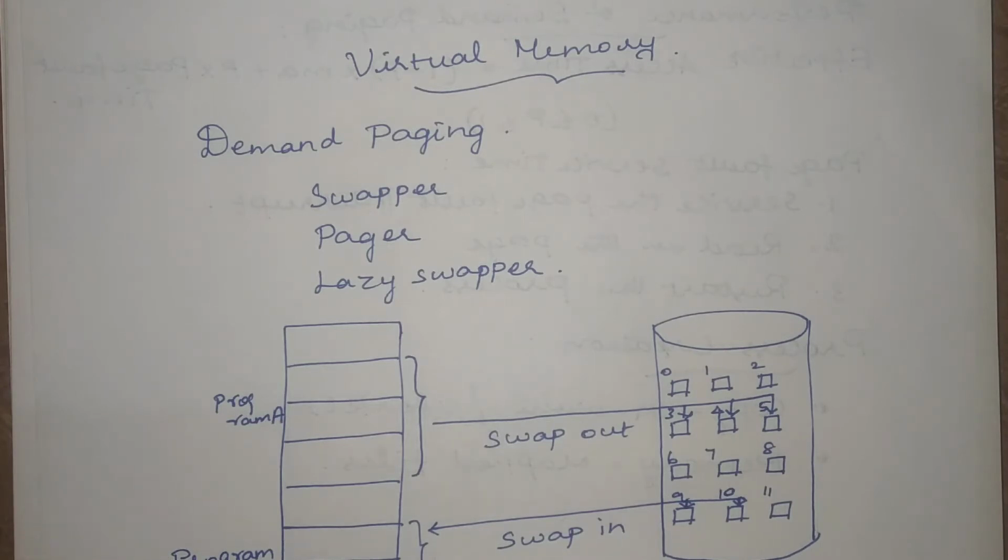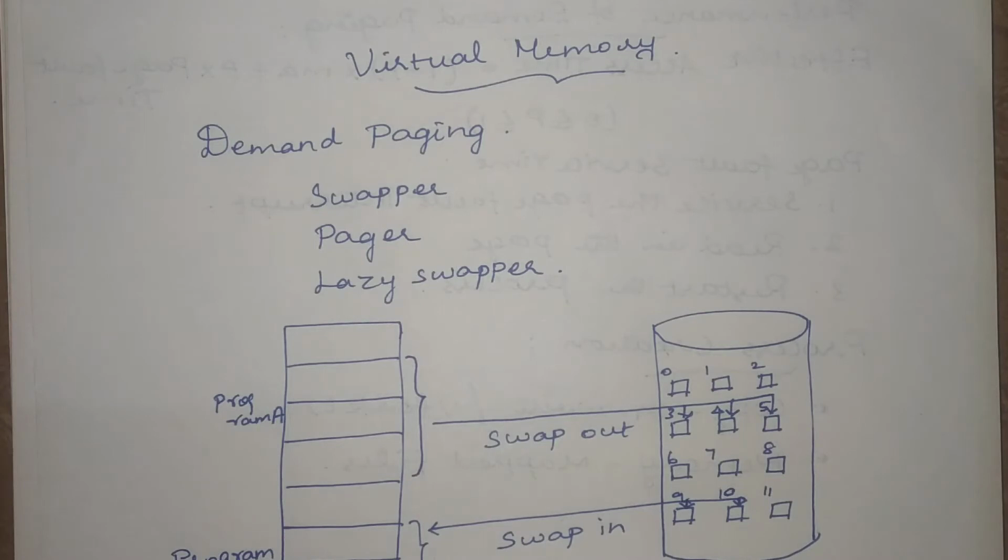Suppose you implement the virtual memory concept, and again you are typing the program and you need to save it. Even if primary memory does not have enough space to hold that program, it will not show an error to the user. Instead of showing an error to the user, it will show the error to the operating system.